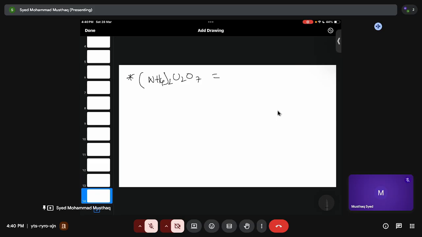For example, the most famous one that does not use enriched uranium is the RBMK reactor, and RBMK are the initials of the Russian scientists who designed that reactor. There they don't use the enriched fuel; they directly use U238 because it's cheap, right? You do not have to enrich, right? So they directly use U238 there.